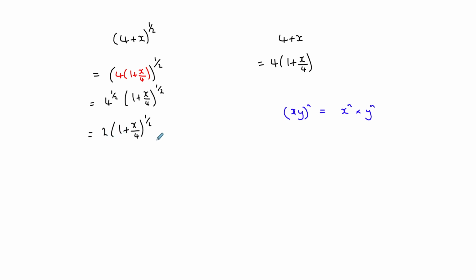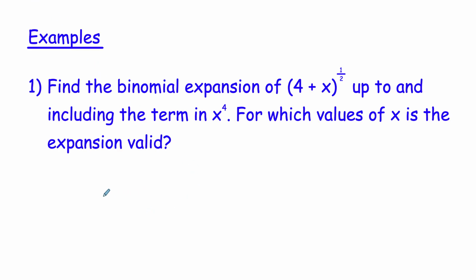So that's what the question becomes. This is the same as 2 times 1 plus x over 4 to the power of a half, and we're just going to keep that 2 on the outside until we're ready to bring it back in and pretend that we are working out 1 plus x over 4 to the power of a half.